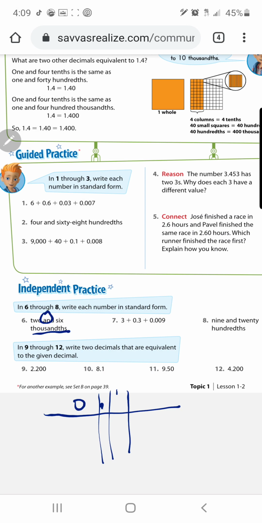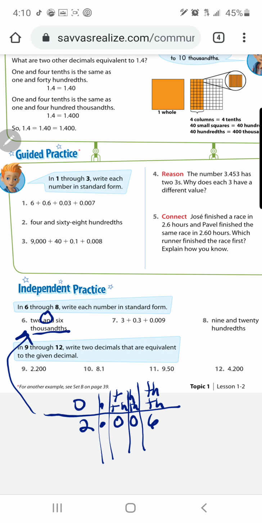So that means that I have to add my tenths, my hundredths, and my thousandths. I'm going to put my number in there, 2, the decimal, and it says 6 thousandths. So you literally put the 6 in the thousandths place. In the tenths and hundredths place, you put zeros, and that would be your answer for number 6.